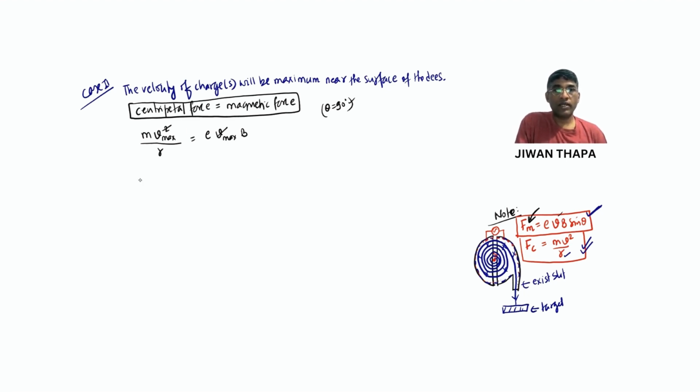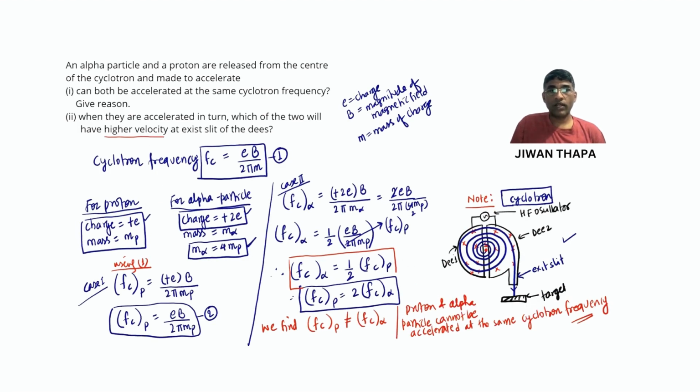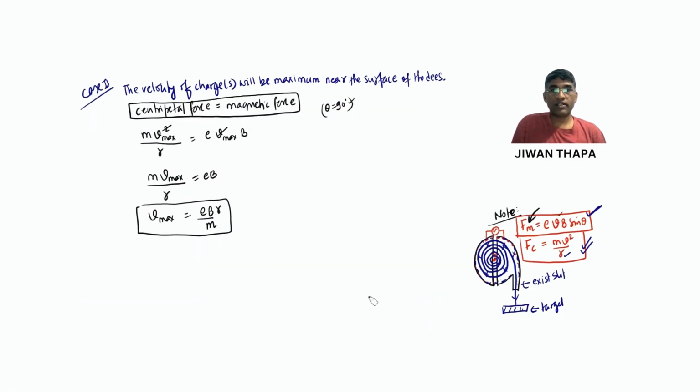Therefore, we can write m vmax by R equals eB, or vmax equals eBR by m. So we are going to use this expression for the proton and the alpha particle.